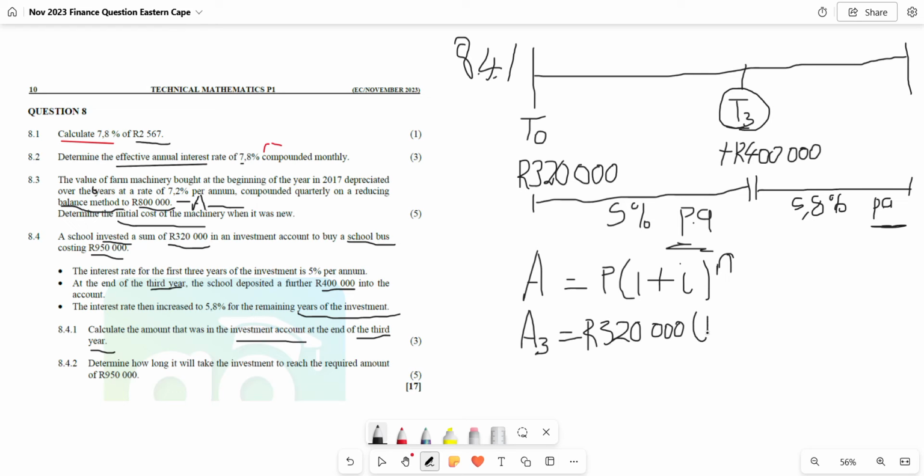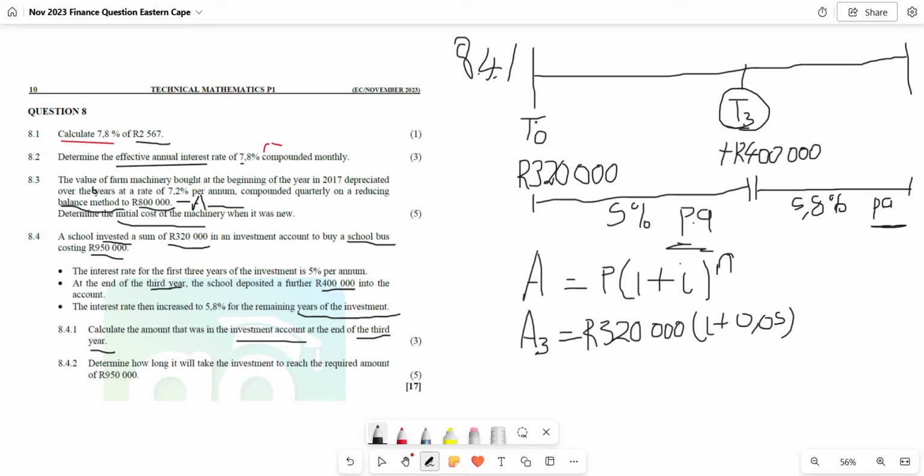In bracket 1 plus, then for the first 3 years the interest rate was 5% per annum. Per annum means per year. Then the only thing that needs to happen is to divide 5% by 100% only, because the compounding period says per annum, which means n becomes 1 now. Then we have 0.05, close bracket.